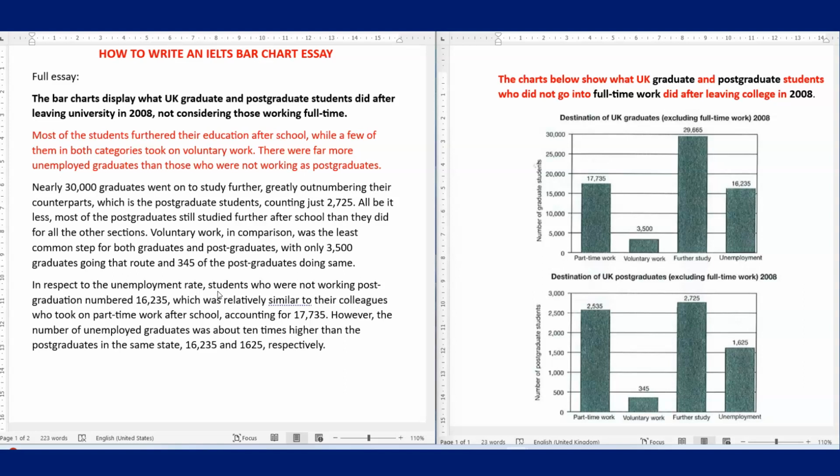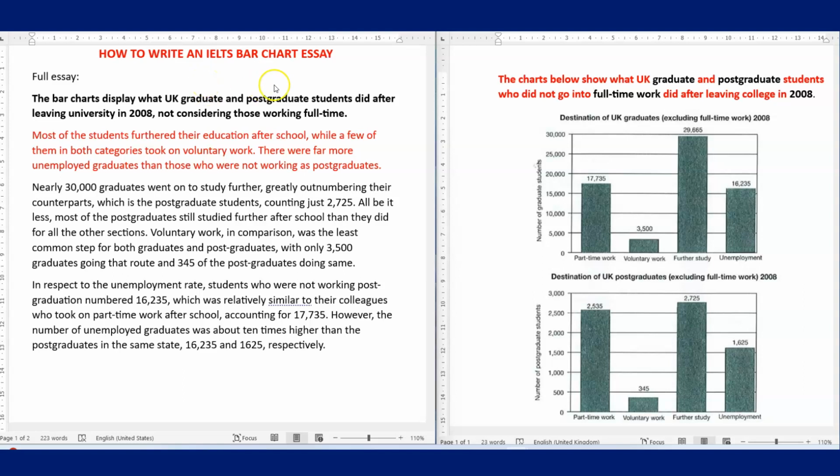However, the number of unemployed graduates was about 10 times greater than the postgraduates in the same state, 16,235 and 1,625 respectively. There is no conclusion in writing task 1, so don't add a conclusion to it.